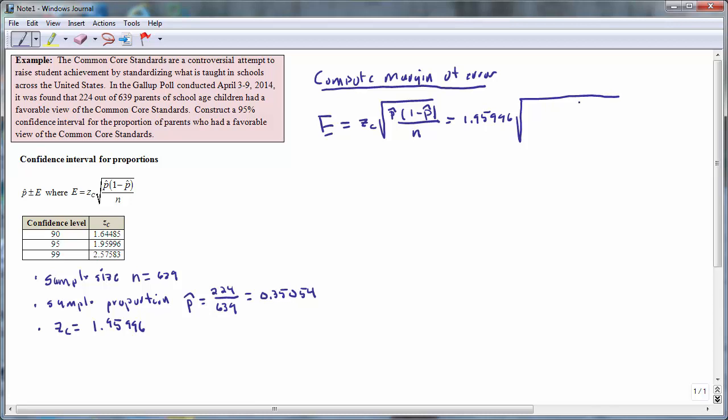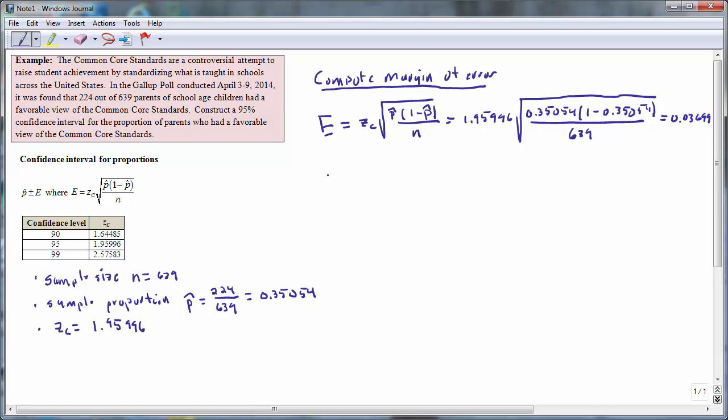And under the square root, we have the sample proportion of 0.35054 times 1 minus 0.35054, all divided by the sample size of 639. We can evaluate this using our calculators to obtain 0.03699. So in other words, in this case, the margin of error is about 3.6%.